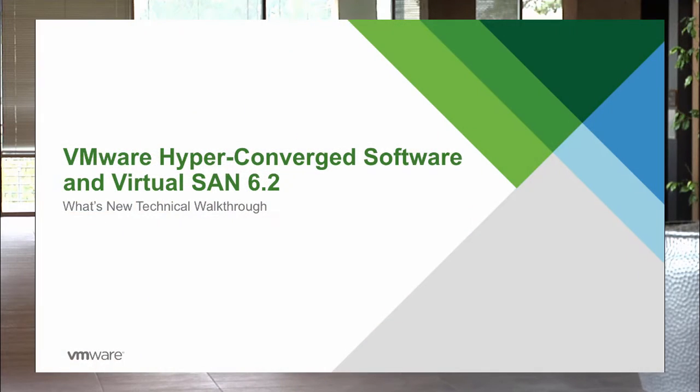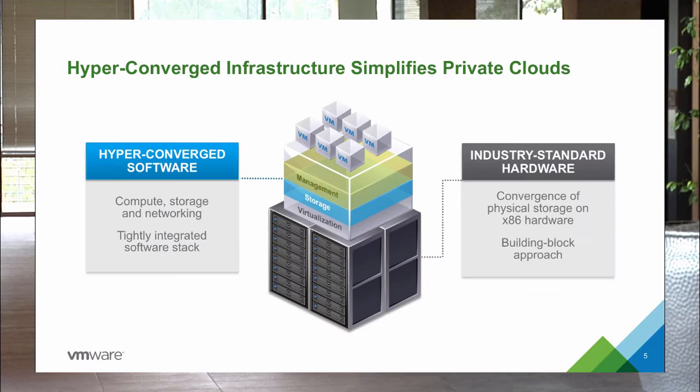So let's go ahead now and double click into what's new with virtual SAN 6.2. And you'll notice here that on the slide it says hyper-converged software and virtual SAN 6.2. I think this is something that's often forgotten: virtual SAN really is truly hyper-converged infrastructure. I mean, you have a convergence of different types of infrastructure, and virtual SAN is a clear representation and utilization of that.